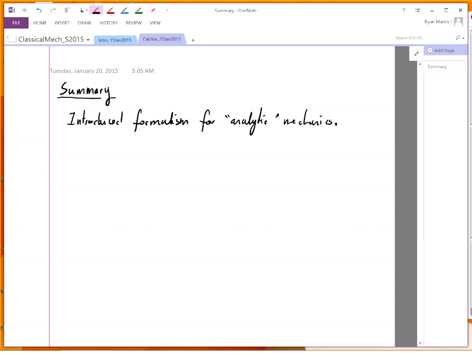So it was mostly a bunch of definitions and review. So one of the important concepts that we introduced was what we call the number of degrees of freedom for a system.